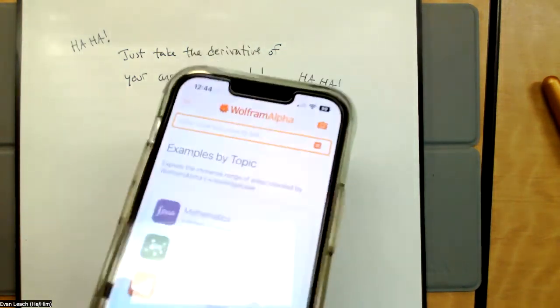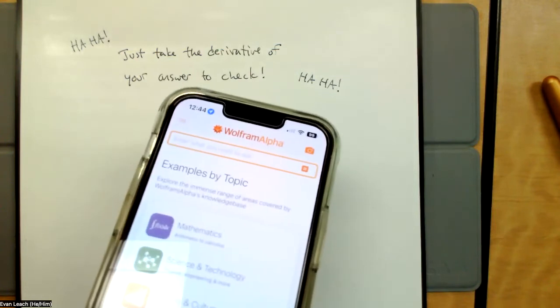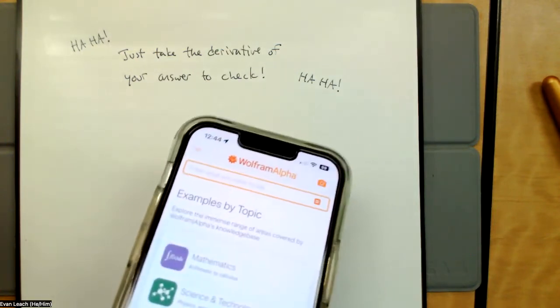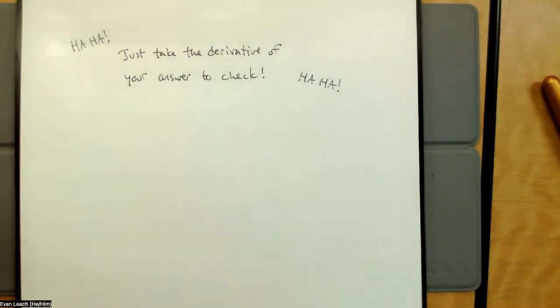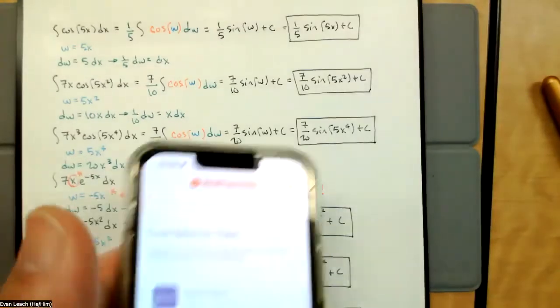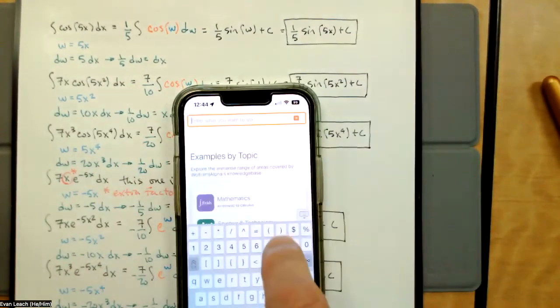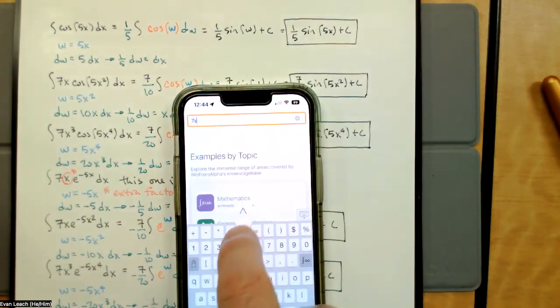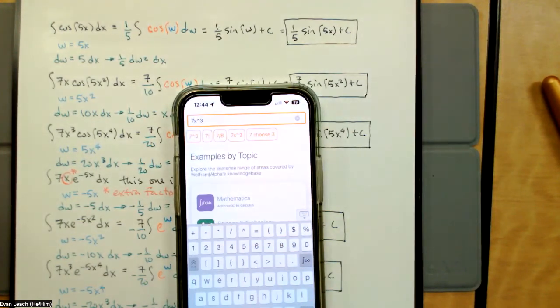Incidentally, if you just plug in the integrand, you don't have to do the integral symbol. So if you want to save time, instead of opening up the integral symbol, just type in 7x cubed times the cosine of 5x to the 4.